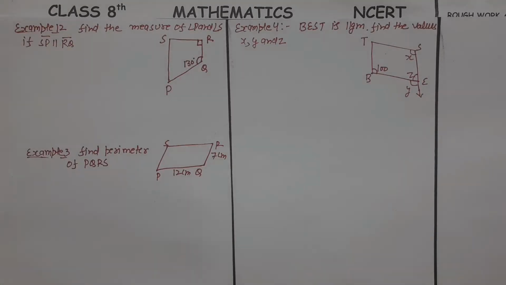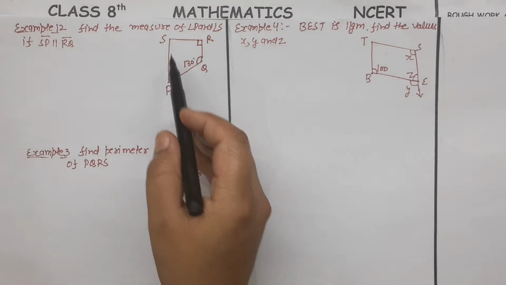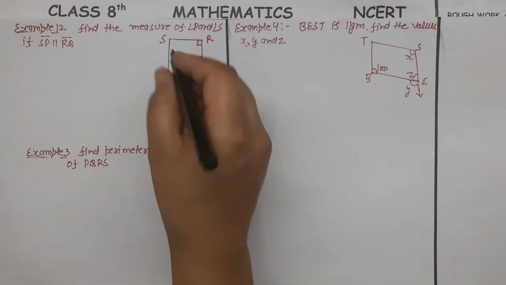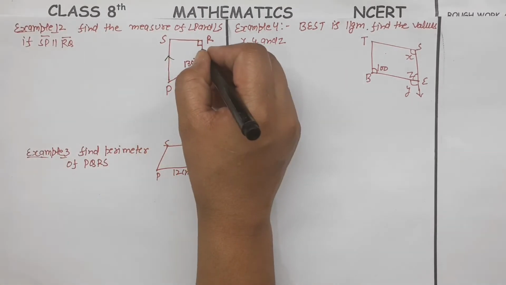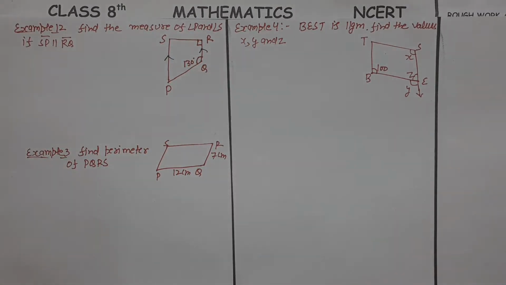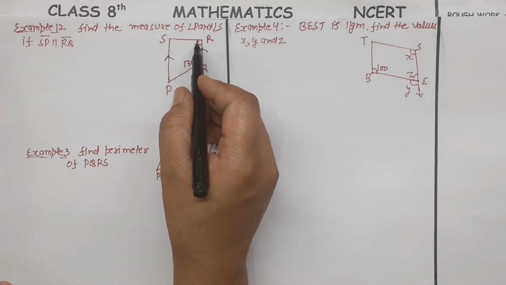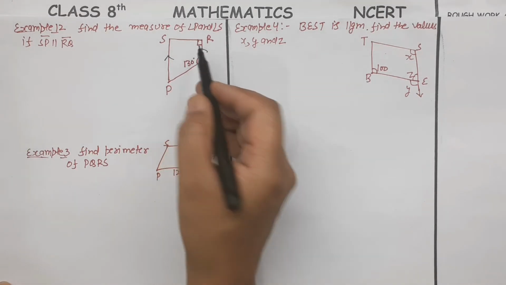Example number 12. Find the measures of angle P and S if SP is parallel to RQ. Angle of 90 degrees.